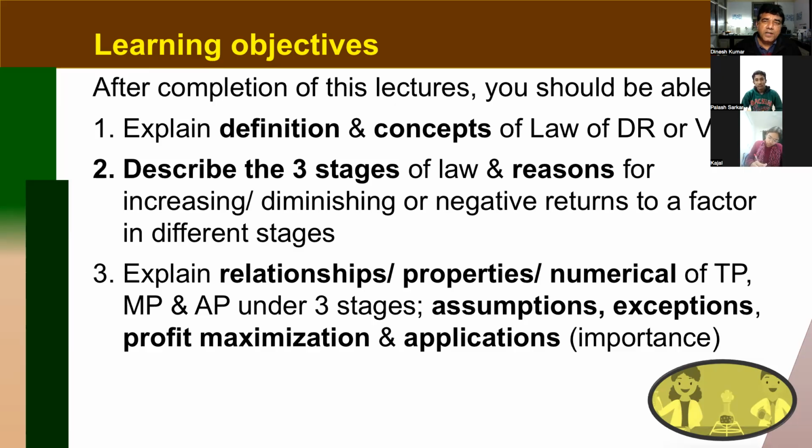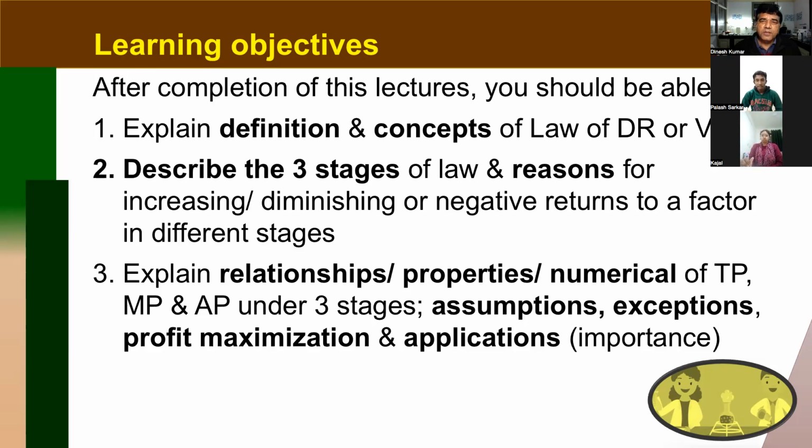So we'll see what are the reasons why marginal return increases in stage 1, in stage 2 it decreases, and in stage 3 it becomes negative. We'll look for the reasons. Then explain the relationship, properties, and some numericals. I'll give you some exercise on total product, marginal product, and average products.